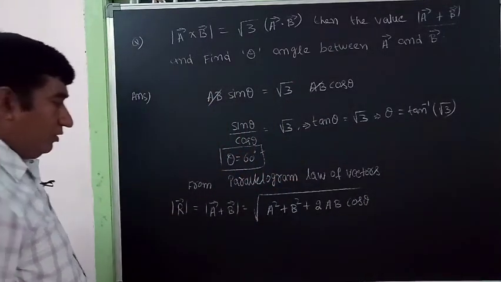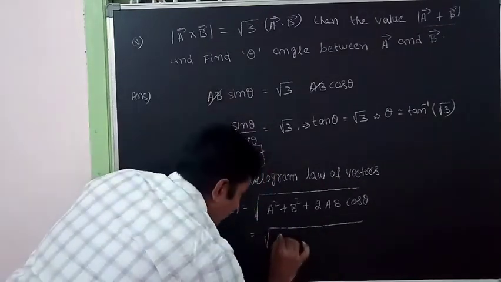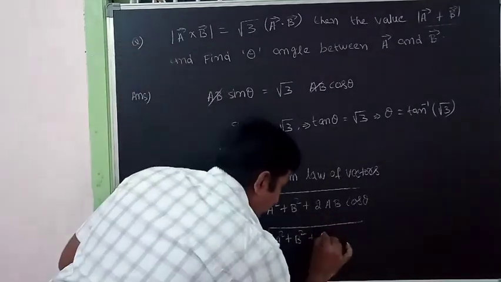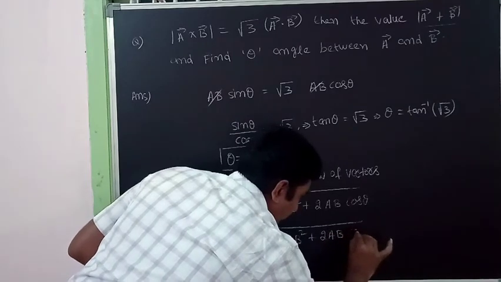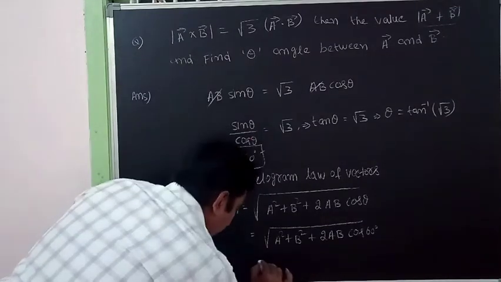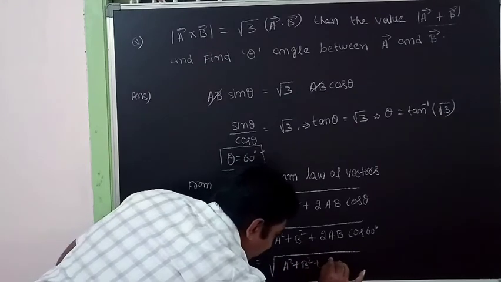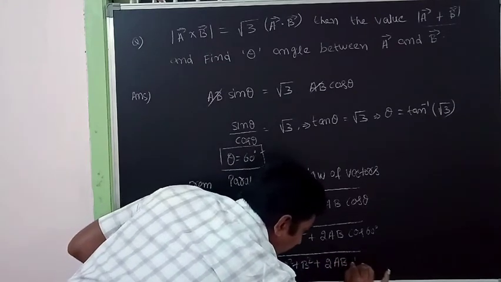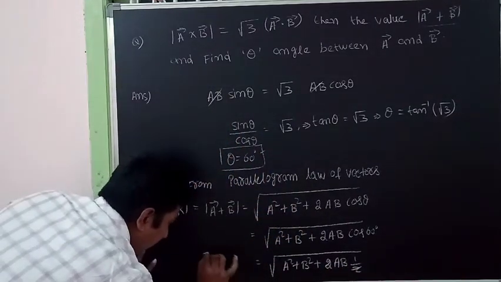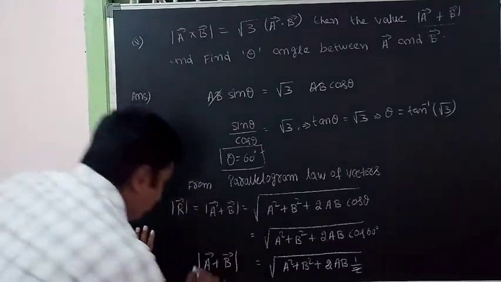With the help of this, I get root of A square plus B square plus 2ab cos 60. What is the value of cos 60? Cos 60 is nothing but 1 by 2. That is equal to root of a square plus b square plus 2ab into 1 by 2. The 2 gets cancelled. Finally, we get a vector plus b vector. So this is the final answer.